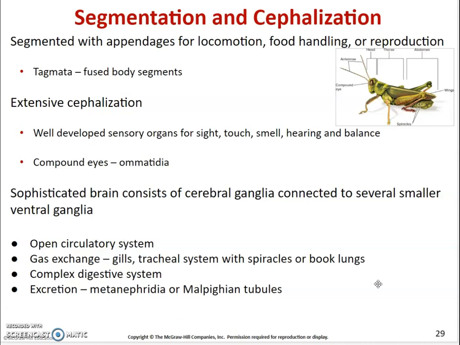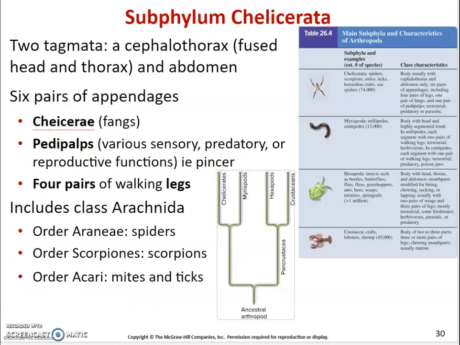In crickets, we see spiracles, and some organisms have book lungs instead, but we also see a complex digestive system, and they have an excretory system that's complete. So they do have separate tubules, like the worms had, the nephridia. These are metanephridia, and it's going to be their excretory system.